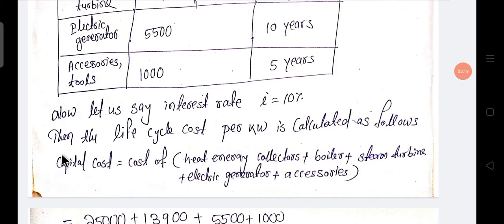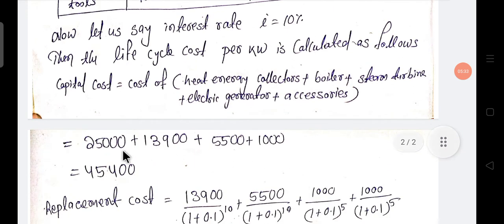Here capital cost means the present worth. We calculate present worth, and that capital cost is equal to the cost of all the components: 25,000, 13,900 plus 5,500 plus 100, the total is 45,400.